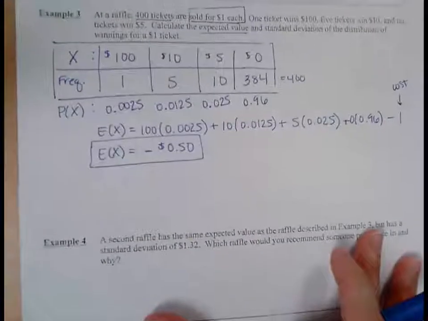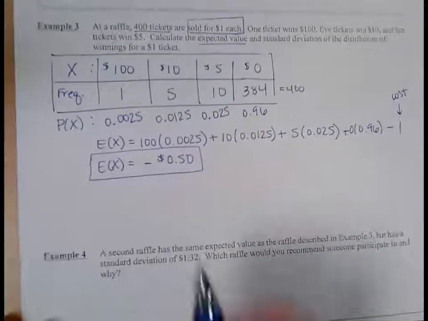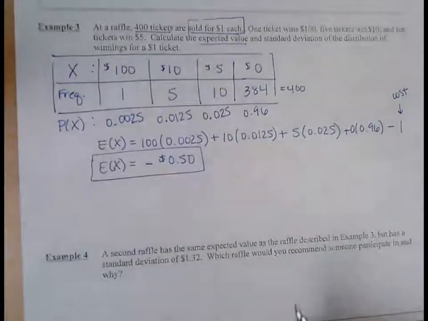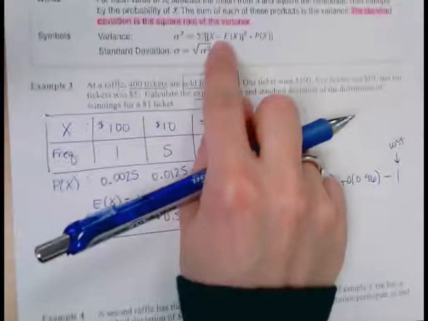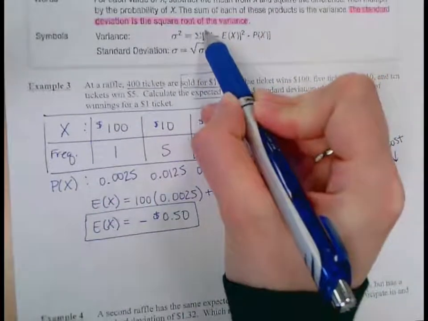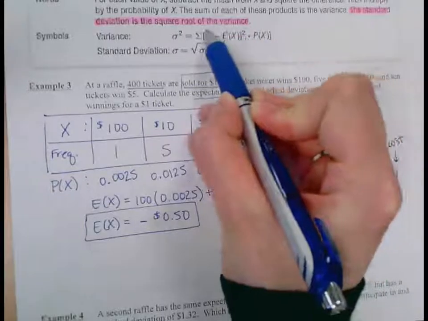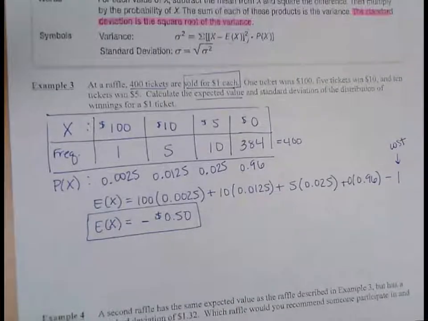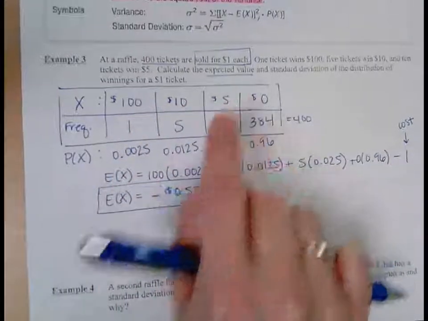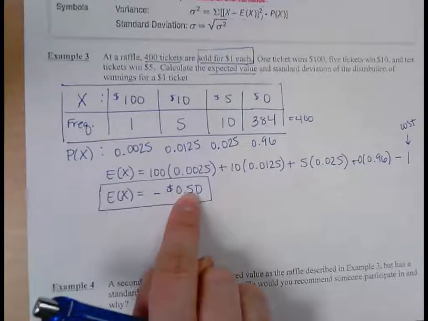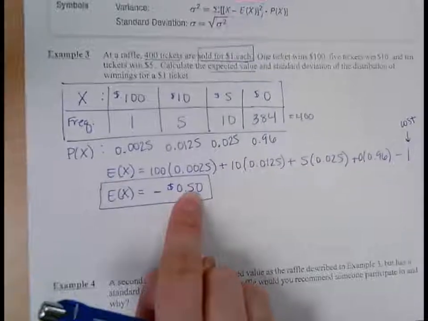So to calculate that, what I'm actually going to do is calculate the variance first. And to do that, I'm just going to write off to the side what my new values are. So if you think of calculating variance, what you would have done on your quiz, I have to take each of these values of x, subtract the mean, which is E of x, and then square it.